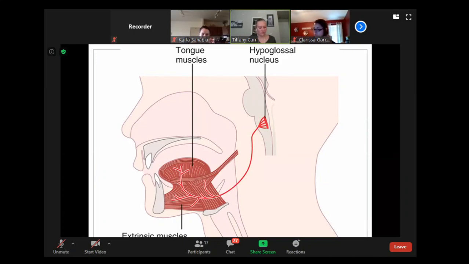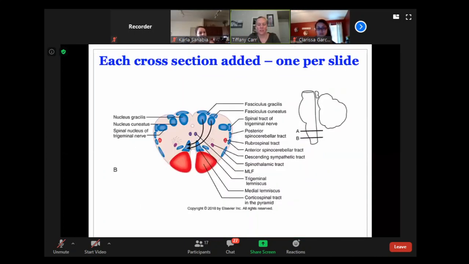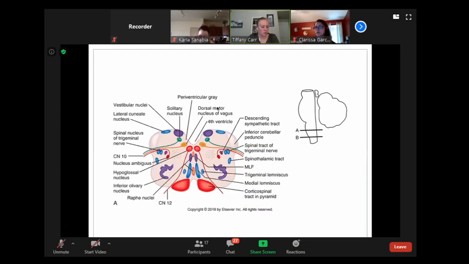We have, again, this cross section getting down into the lower medulla, closer to the spinal cord here. So we'll have the other half of this, more the medulla aspect of it, and seeing where all of these nuclei are located.